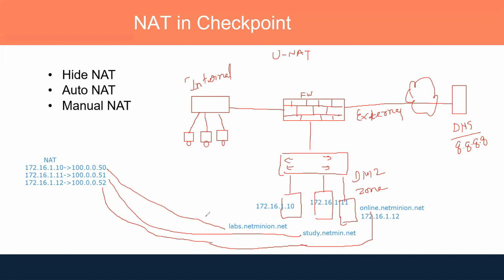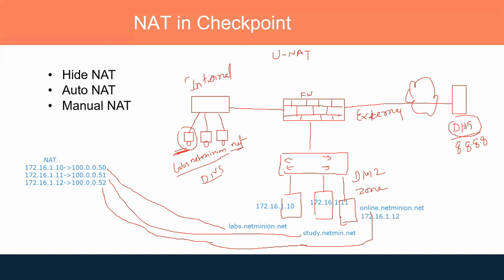That means when a user is trying to access labs.netminion.net, first of all it would resolve the DNS. For DNS resolution, it sends the query to this DNS server.